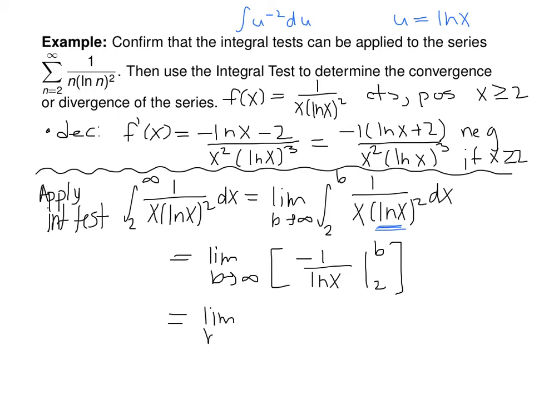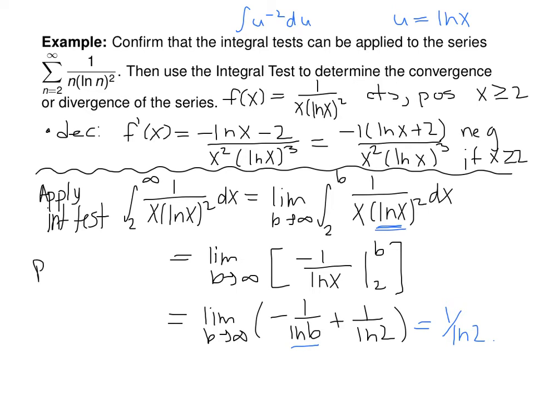So that's the limit as b goes to infinity of negative 1 over ln b plus 1 over ln 2, and as b goes to infinity, ln b also goes to infinity, so 1 over ln b goes to 0. So this approaches 1 over ln 2, and thus our integral converges. So by the integral test, the sum also converges.